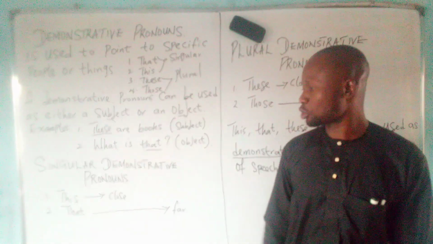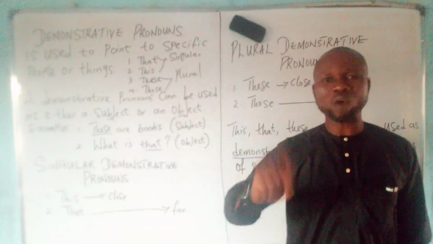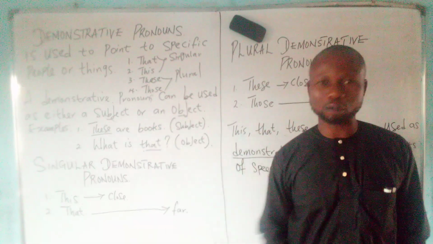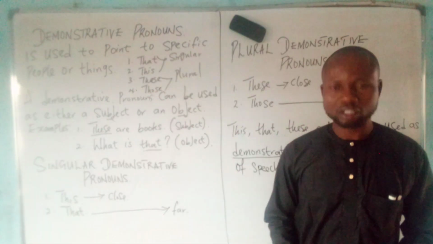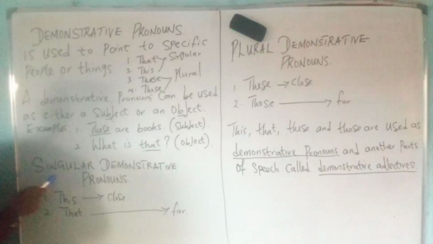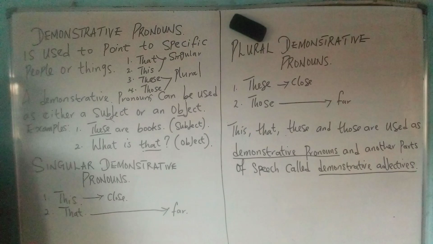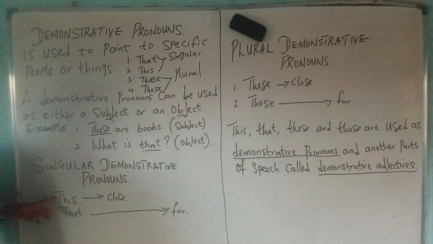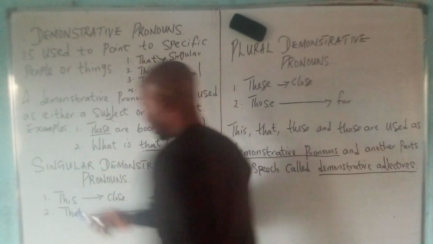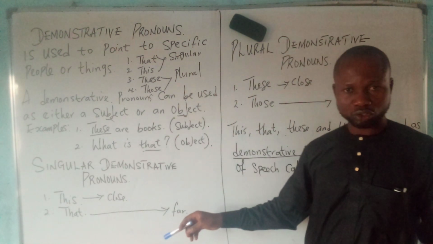Now the next thing I want to talk about is the singular and plural aspect of it. Then we are one step away from completing this topic. Now let's quickly go there. Singular demonstrative pronouns. This. When you have this, it means something is close.